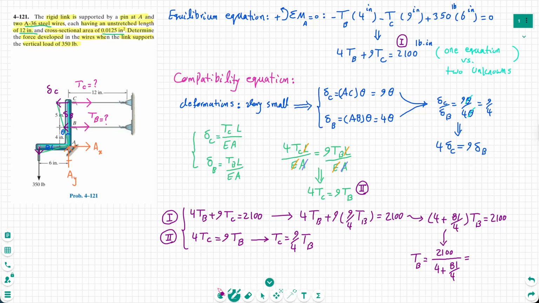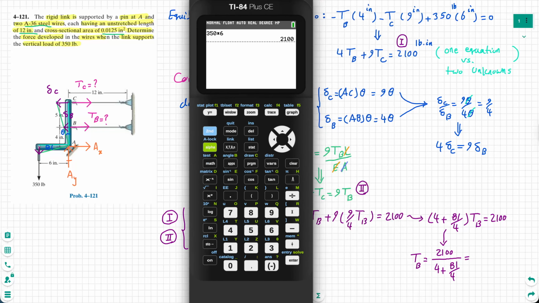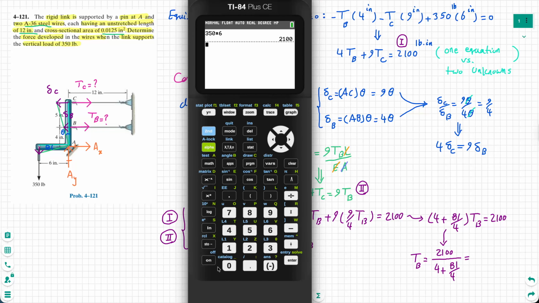Okay, so I just need to put everything on my calculator. If I move the calculator here, you can see we have this expression over 4 plus 81 over 4.